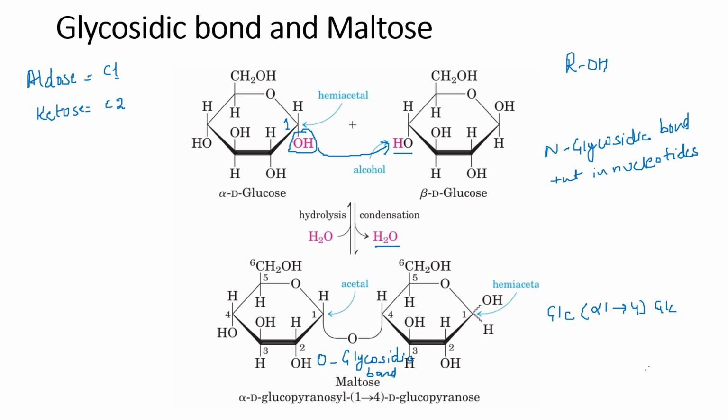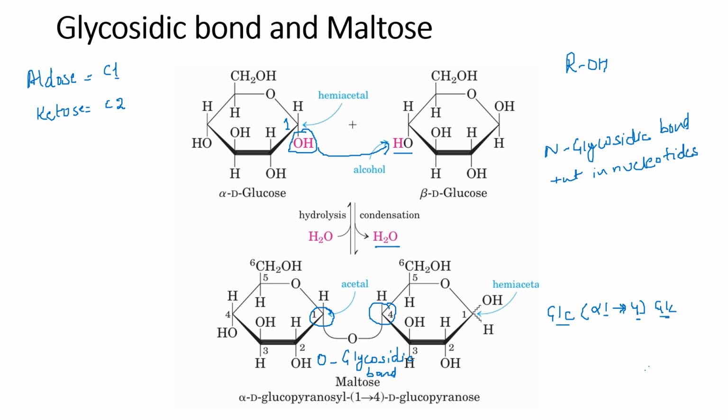So it means that C1 of one glucose molecule is joined with the C4 of another. Now the configuration of C1 involved is alpha. Here you can see this is the alpha configuration. So it is alpha 1, linked with the C4 of another glucose.